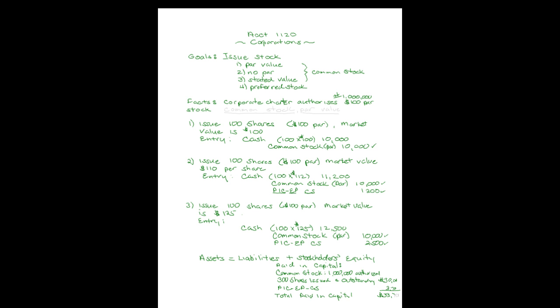Then you would still have the retained earnings section, but if you're a new corporation, you wouldn't have any there. And I just wanted to focus on what the paid in capital section would look like. So that is how it would look if we issued common stock with a par value. Go back and label it common stock with par value. Let's keep going.